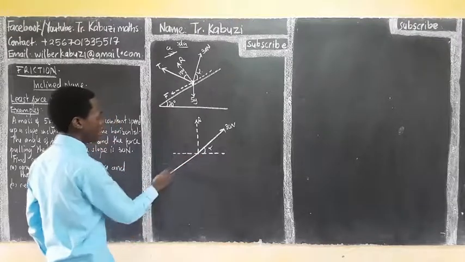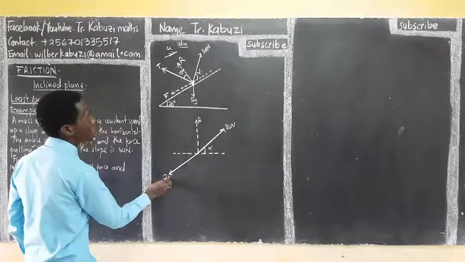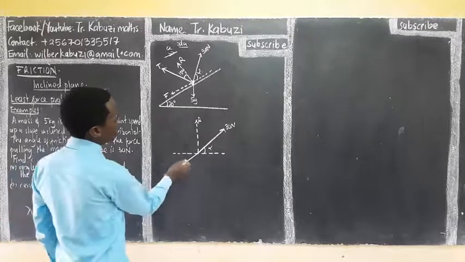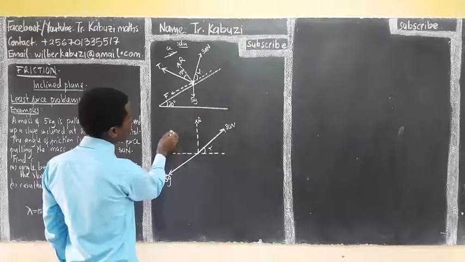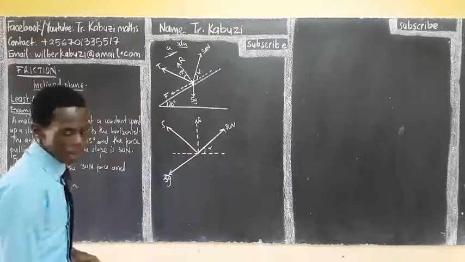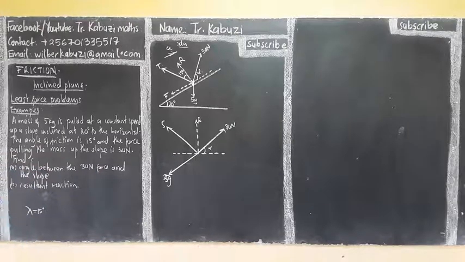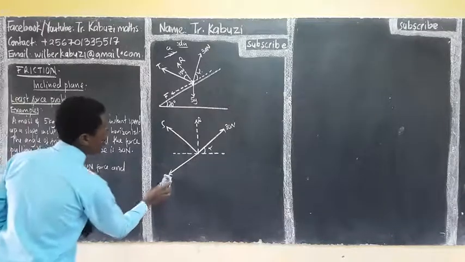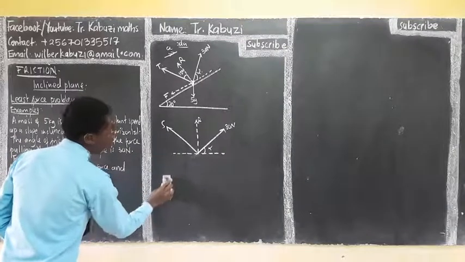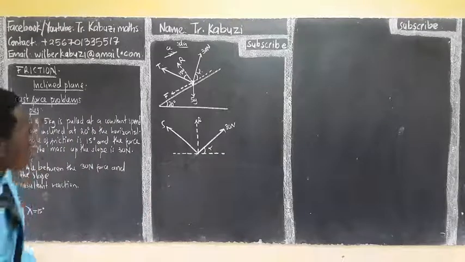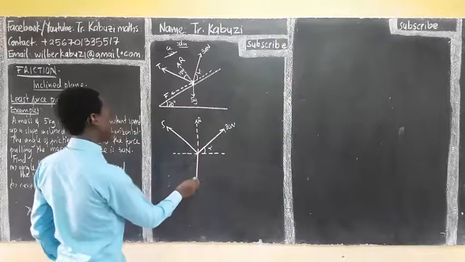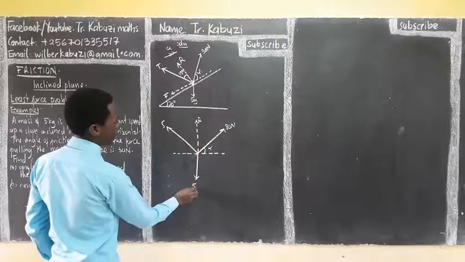So I have a weight, which is 5g. Then I also have this reaction here, which is S. Let me put the force properly, so that people don't take it as a straight line. So this is going to be my weight here. It's not straight, but it's going to be 5g.